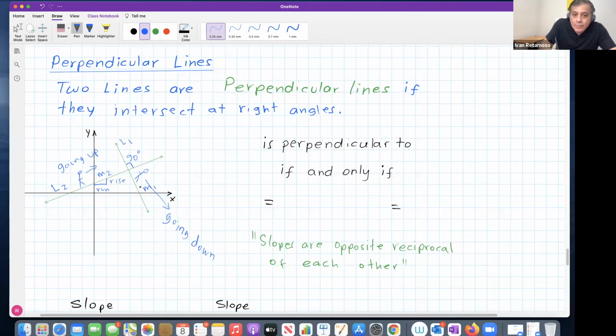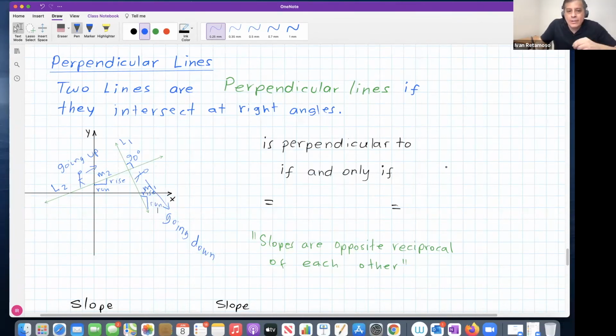But when you go over here, they are related, but in this way: what is here the run will be here the rise, and what is here the rise will be here the run. You follow, guys? This small rise will appear here, given the perpendicularity of these two lines, right? And the run here will appear in a negative direction down here, right?